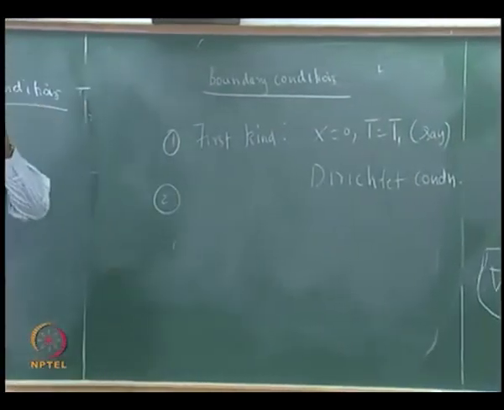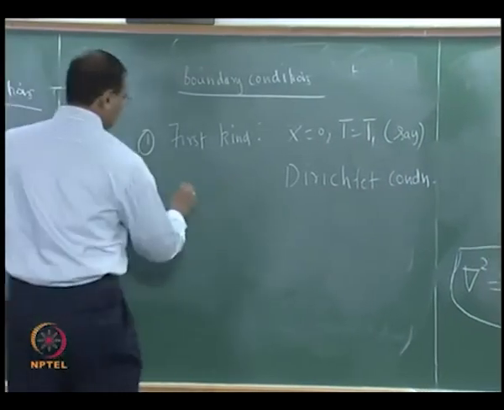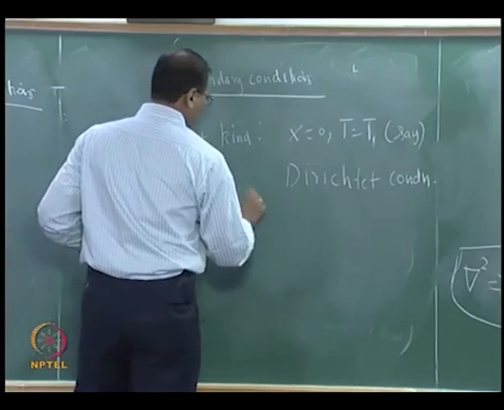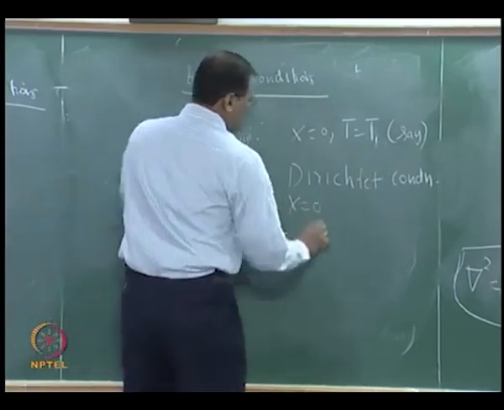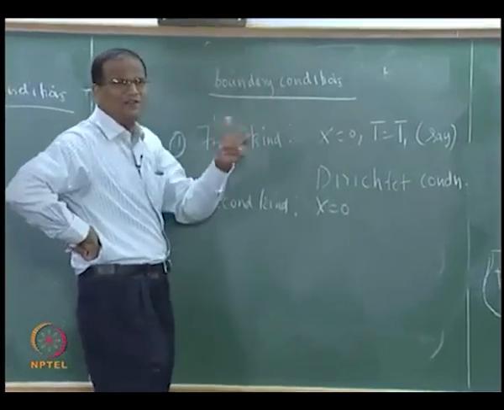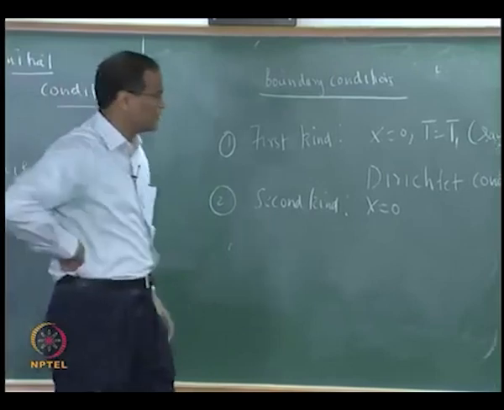Second kind, you specify the information on the derivative of the variable, okay. This is just an illustration, x equal to 0, x equal to somewhere, I can make it very general, x equal to x of s. I am putting it in a manner which is easy for you to understand.